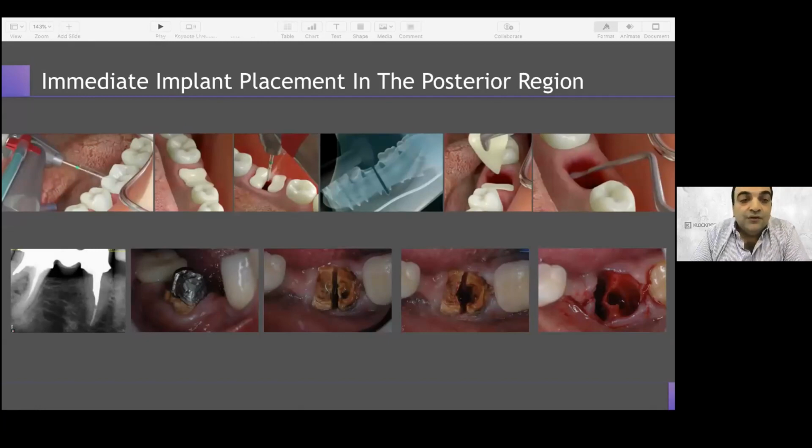So what we are doing in the posterior region, first of all, we have to remove the crown to have direct access to our roots. After that, we are going to do the separation of our roots, and we are going to start our preparation before extracting these two roots.